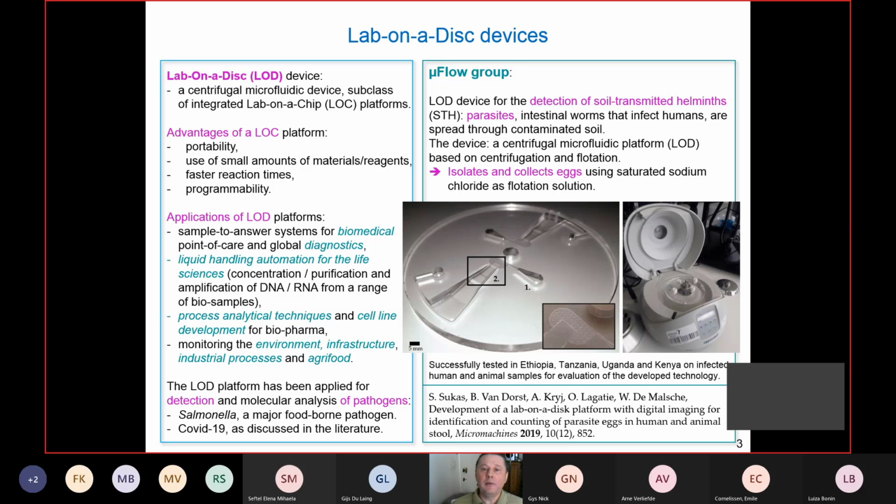And in the Microflow group, a platform was recently developed for detection of parasite eggs, which live in humans and animals. It uses the LOD platform for isolating and collecting eggs, and was successfully tested recently in several countries in Africa. This is published in the paper below.